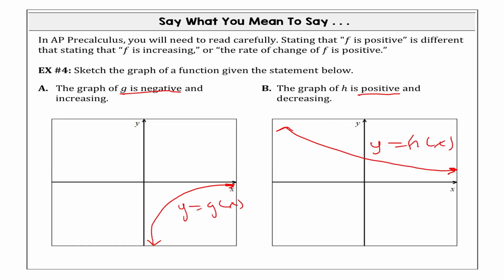Okay. So after doing this, we should be able to understand that positive and negative, and increasing and decreasing, are two separate concepts. They can come together and create one graph, but they are two separate concepts. Agree? Do we see that? Are we okay with that? All right.